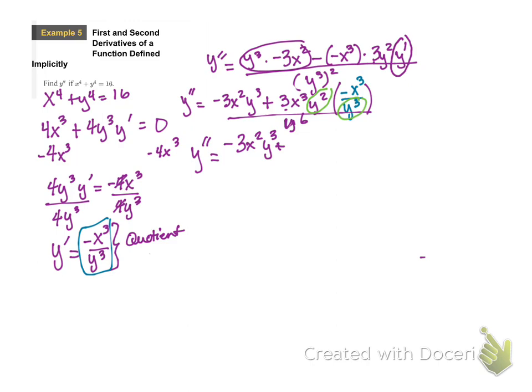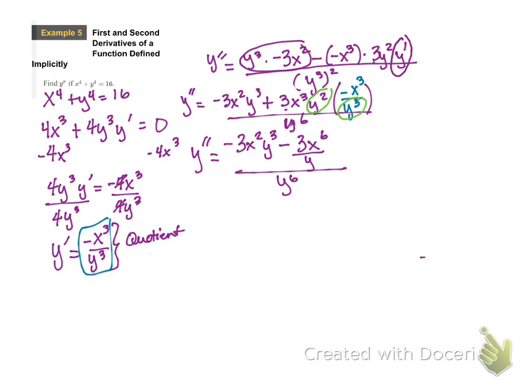What's that going to be? Negative 3x to the sixth, since when I multiply like bases, I add my powers. When I divide these y bases, that goes over y. You with me? All divided by y to the sixth.